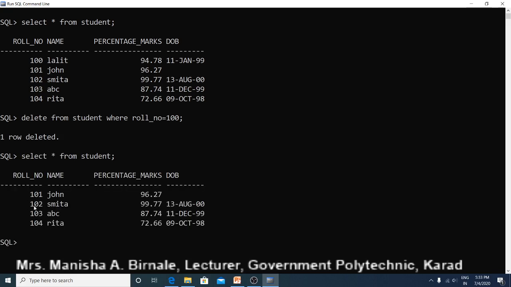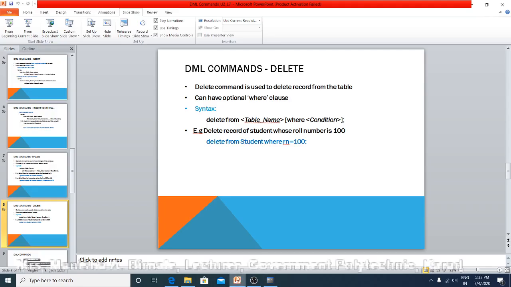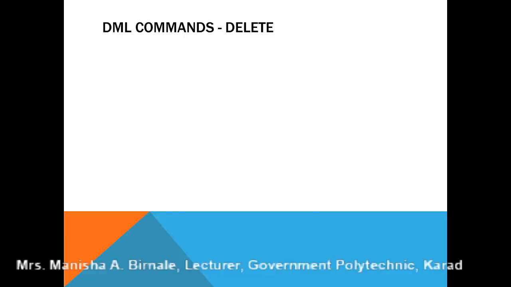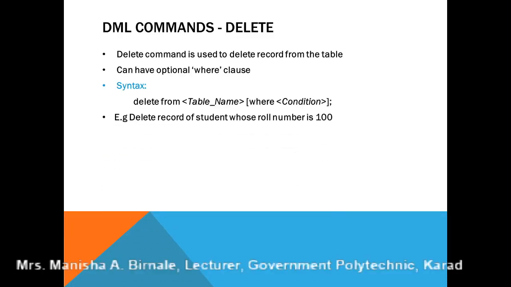Here you can see that the record of roll number 100 is deleted. If you write delete from student and semicolon, where clause is not written, then all the records from the table will be deleted.